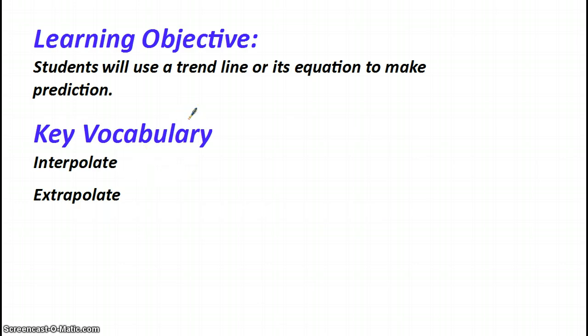So this will be your learning objective, that you will use a particular trend line or the equation and make a prediction. Your key vocabulary that you have to make sure you are aware of, and write down in your notes, is interpolate and extrapolate.